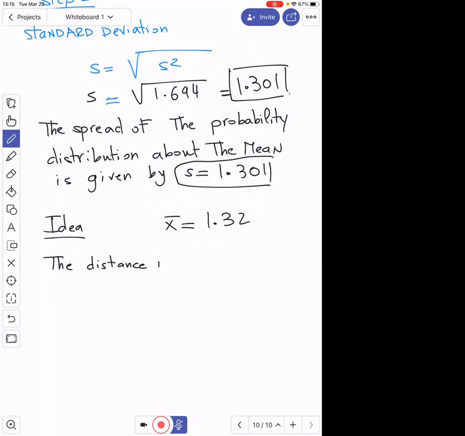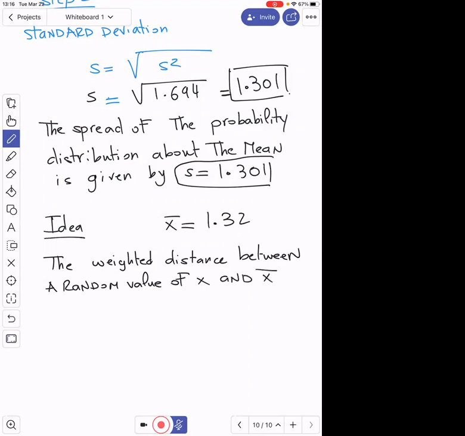It's the weighted distance actually. So the weighted distance between a random value of x and x bar is 1.301.